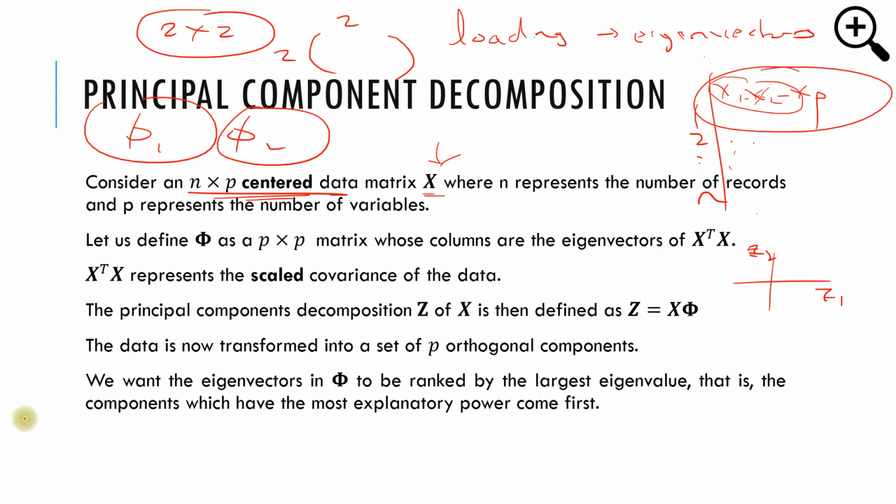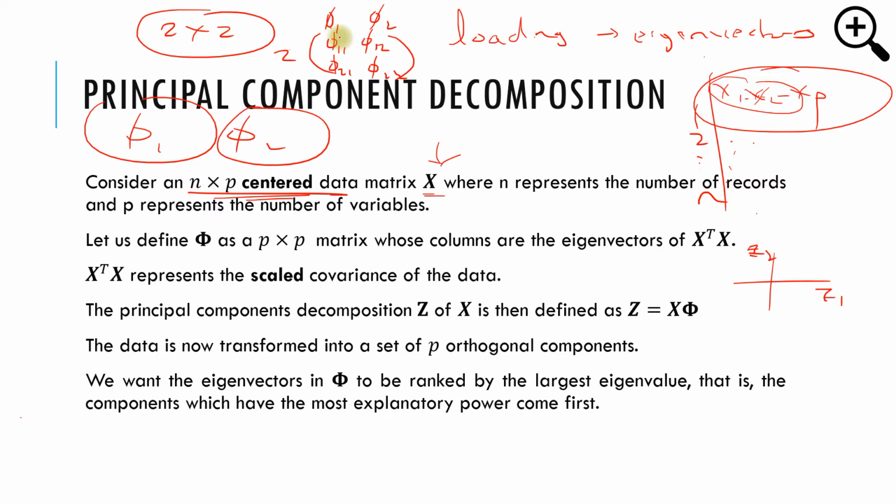You can think about it like phi 1 1, phi 2 1, phi 1 2 and phi 2 2. All right, so in other words, you have the first vector loading phi 1 for this one and the second vector loading for the second principal component phi 2 here.